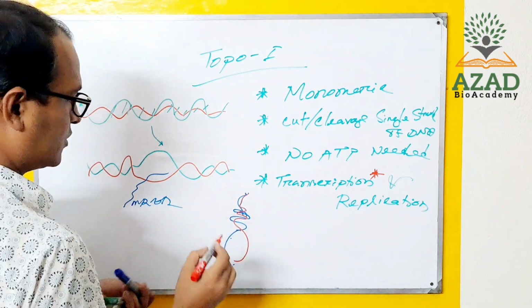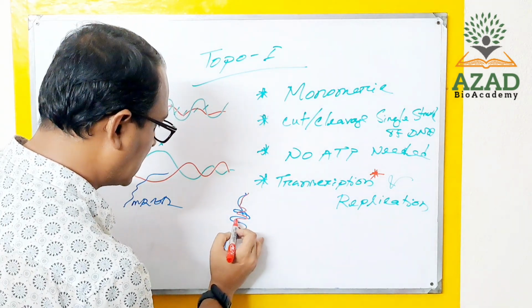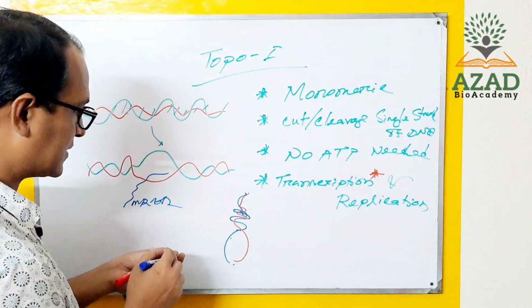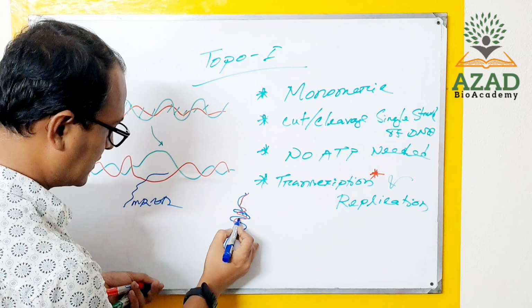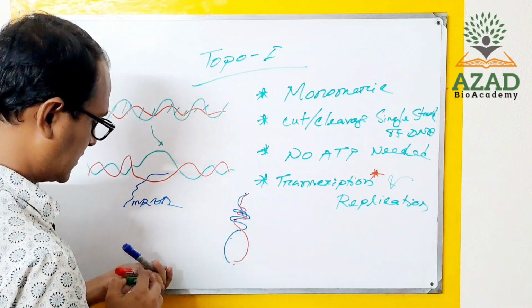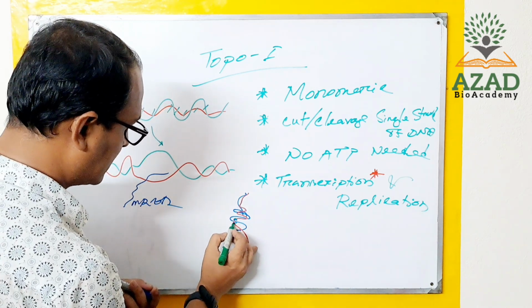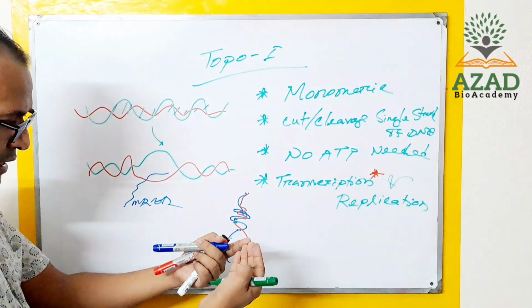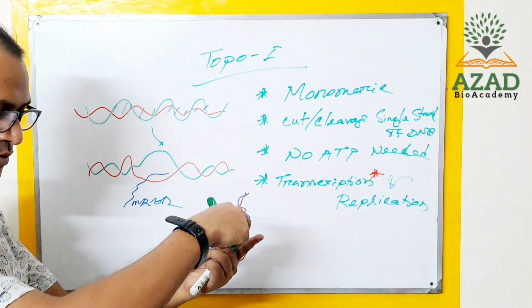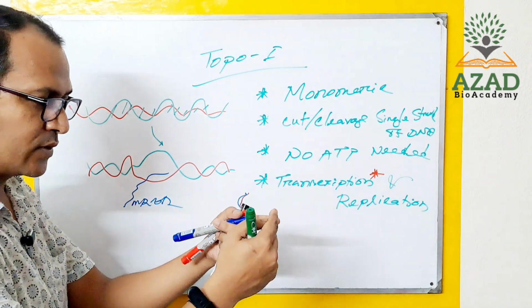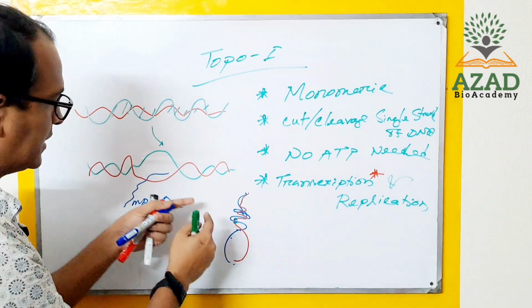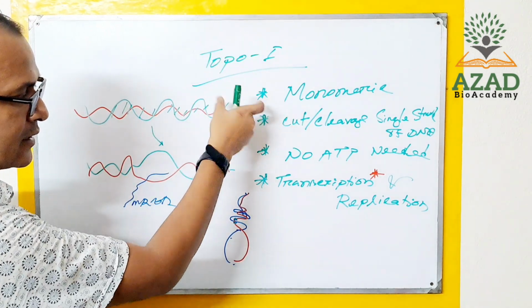Suppose here it will cut a single strand. It will cut that strand and unwind it from the inside to outside, and then again it will ligate. That means it has the function of cutting and ligation also.